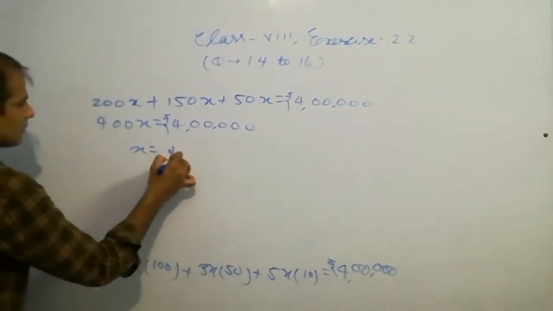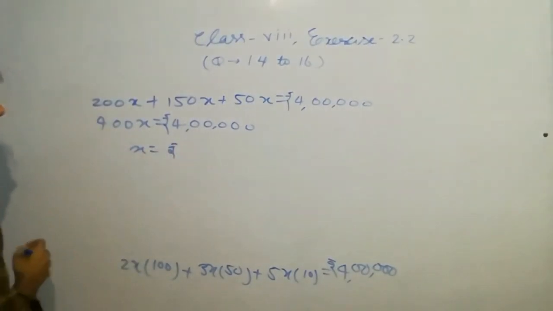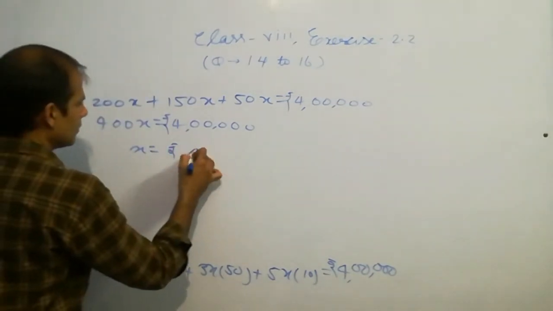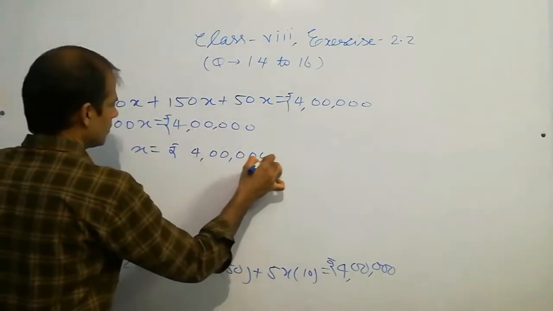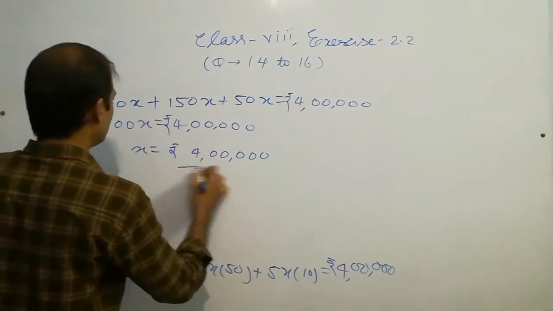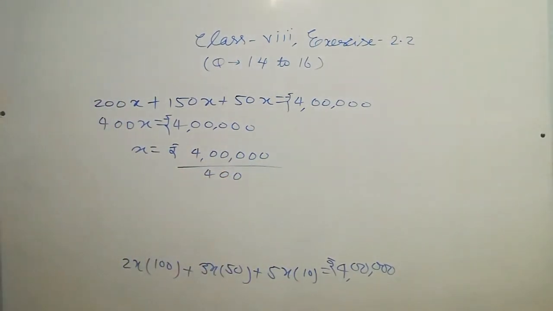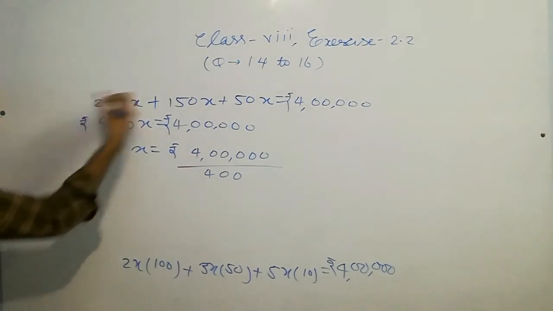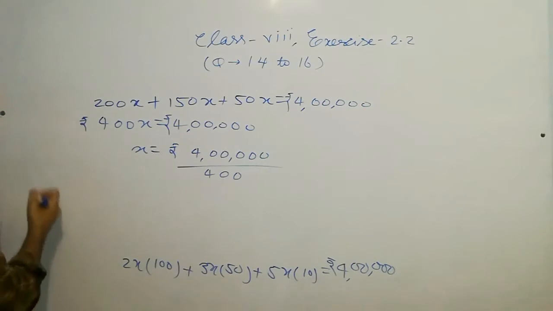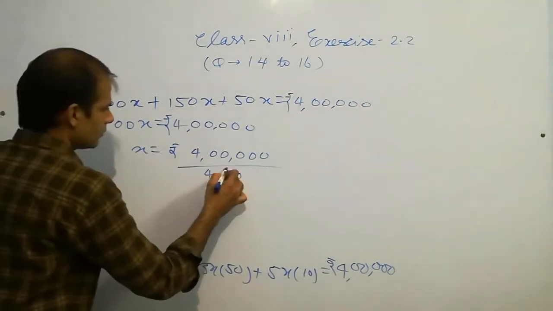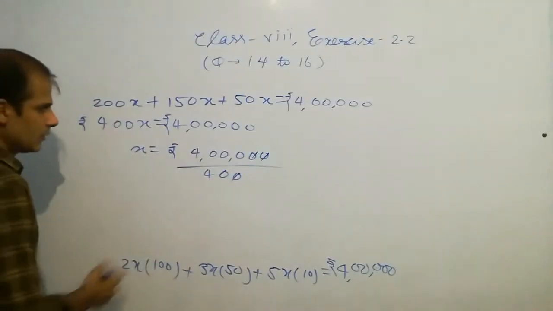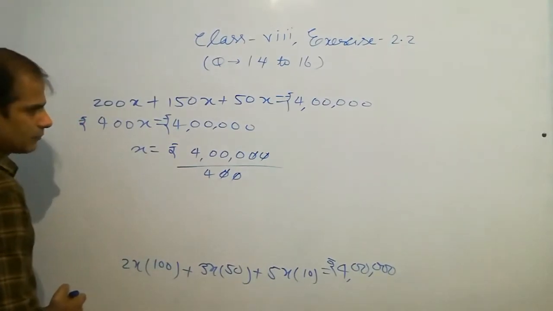So x is rupees 4 lakh upon 400. It is also rupees, overall it is rupees. Now 0 can be cancelled, and it is 4000.